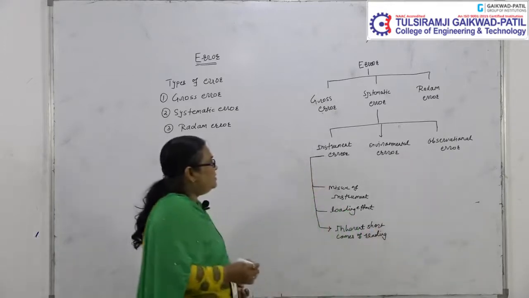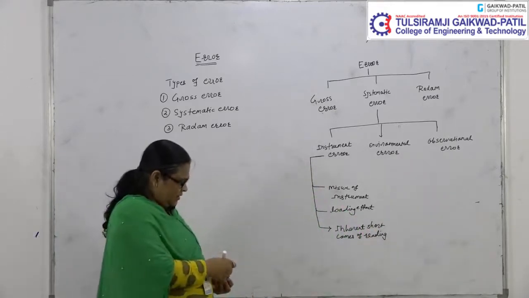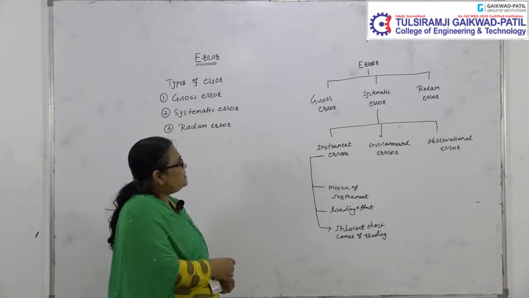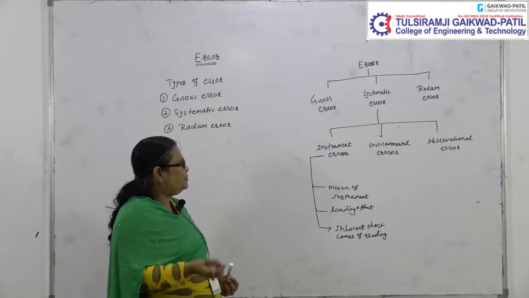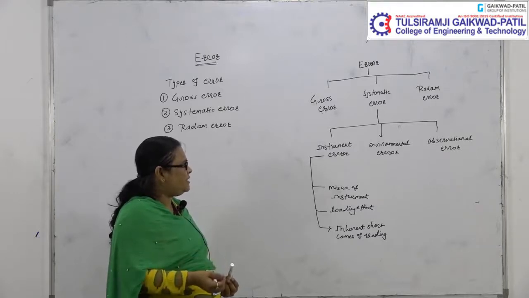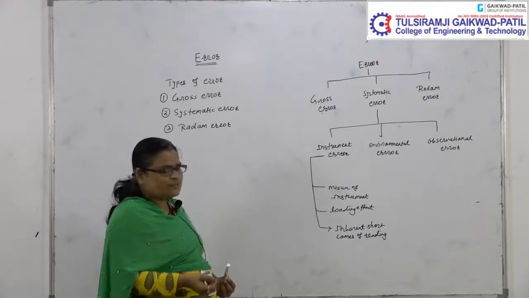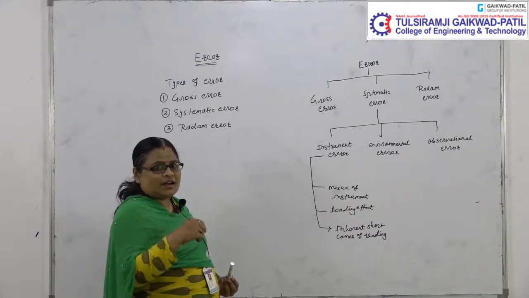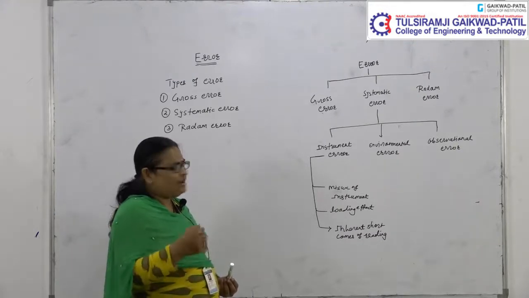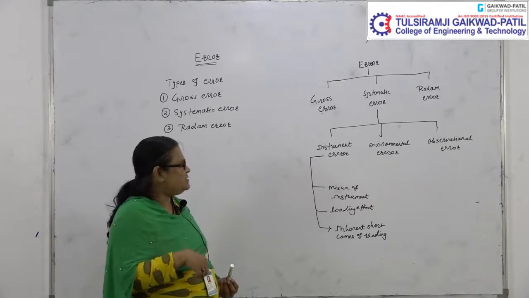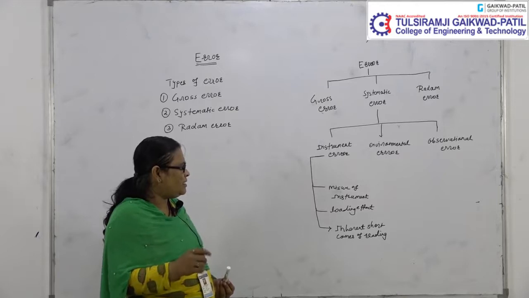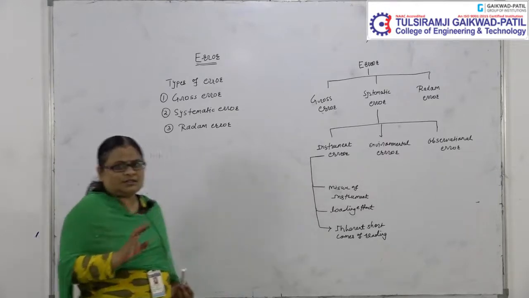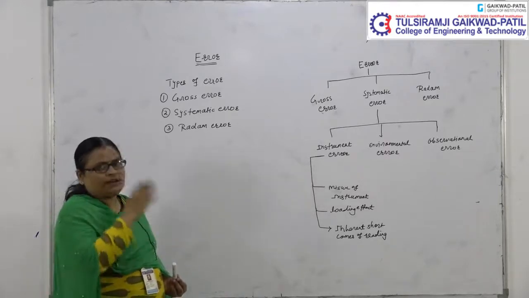So, this is the chart which explains the types of the error: gross error, systematic error, random error. The systematic error can be divided into instrumentation error, environmental error, observational error, and the instrumentation error can be divided again into 3 categories, that is the misuse of the instrument, loading effect and inherent shortcomings of the reading. So, this is all about the description or types of the error.